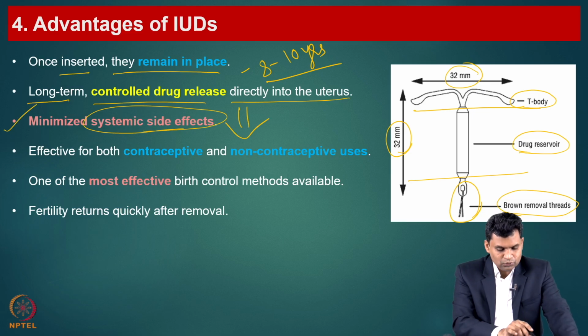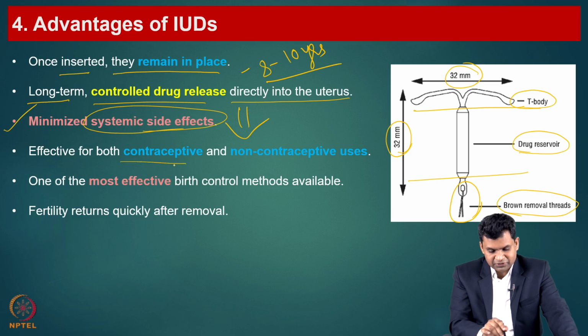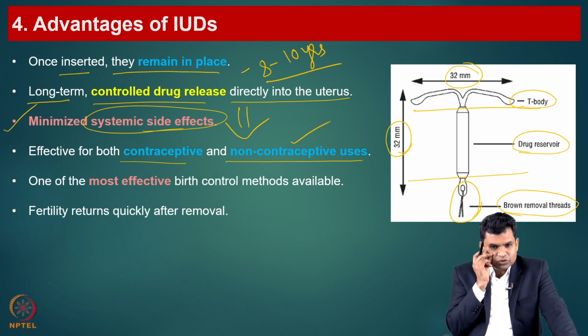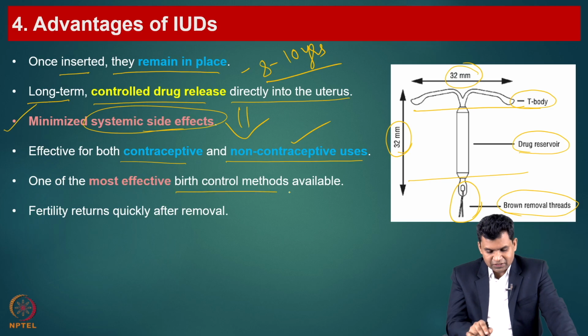Yes. So, IUDs are effective for both contraceptive as well as non-contraceptive uses. You can load various types of therapeutic ingredients that can be used for non-contraceptive applications. This is one of the most effective birth control methods available.